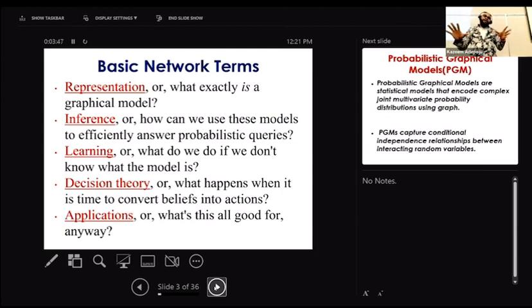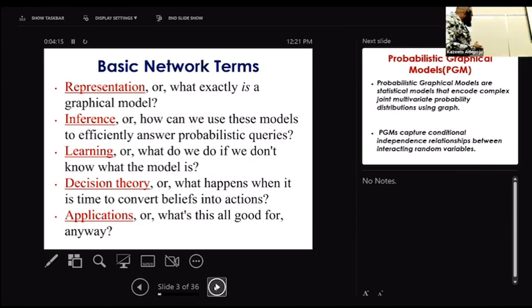Now, let me tell you the idea behind probabilistic graphical model. We actually want to have a way to represent complex situations, complex variables. How can we actually represent complex variables using the idea of graph and probability?